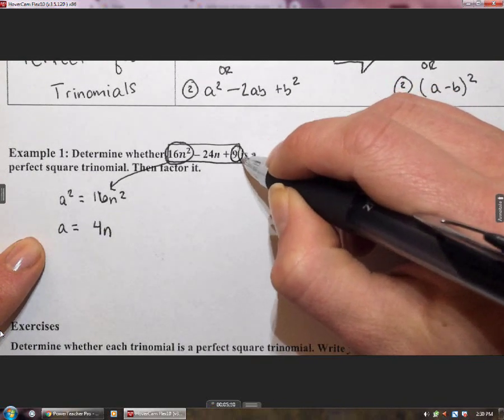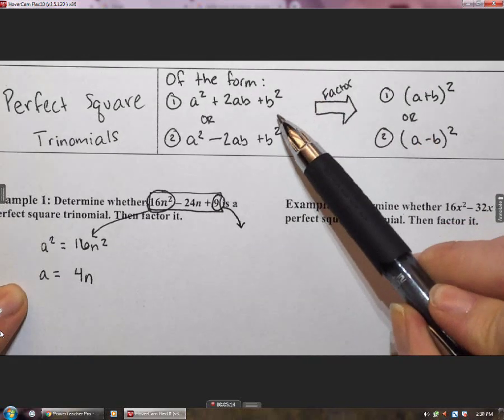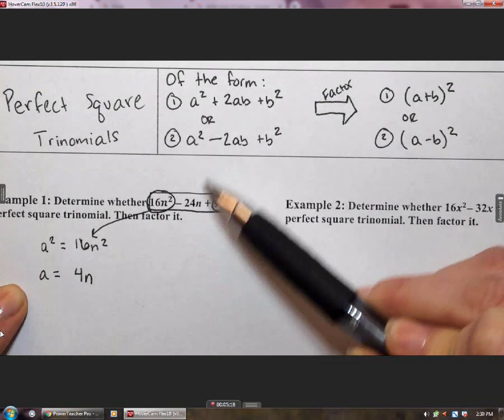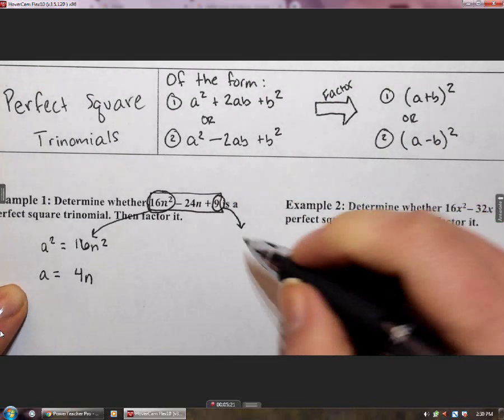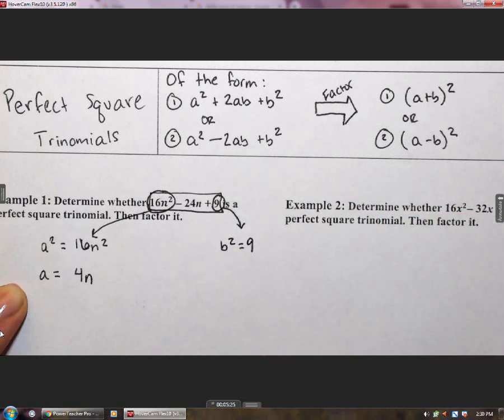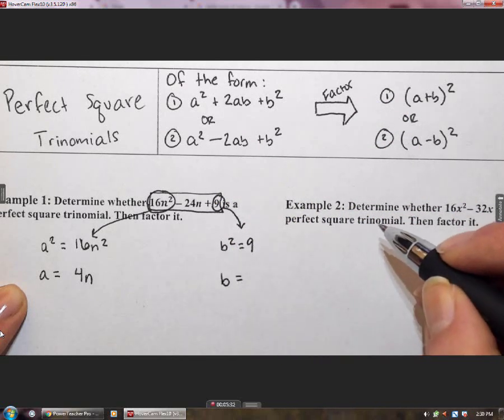Now I'm going to check the 9. That's the next easiest. The last number should look like what? B squared. Actually, I should use this one because it's a minus. It's the same thing either way. But b squared equals 9. Is 9 a perfect square? Yes, so regular b, not b squared, would be 3.